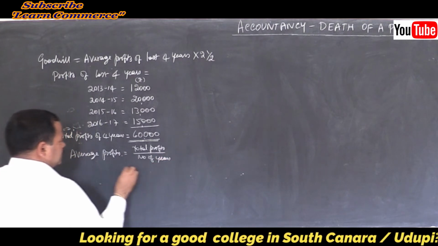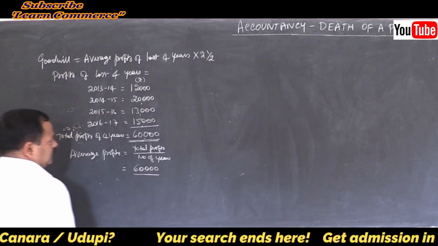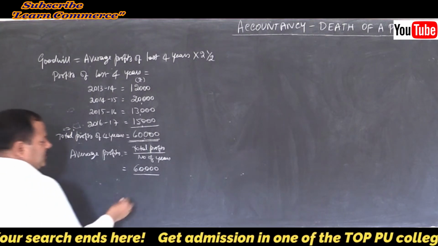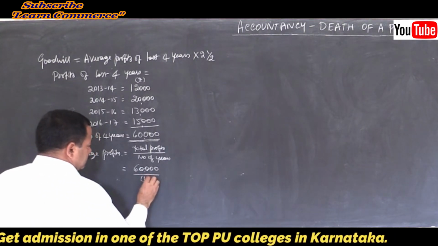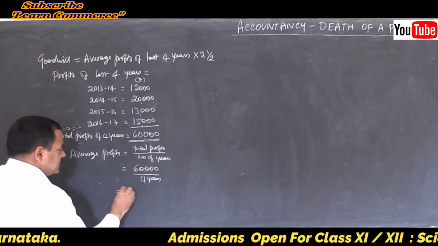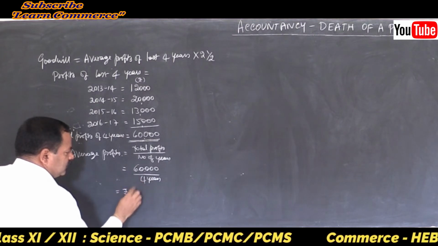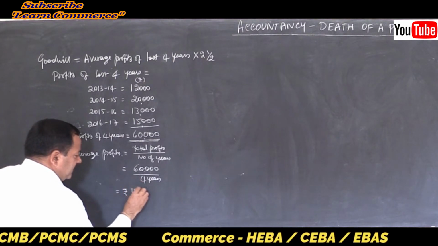Number of years is 4. 60,000 total profits you have calculated, isn't it? Divided by 4 years. How much you will get? Rupees 15,000, right? 15,000, yes it is.